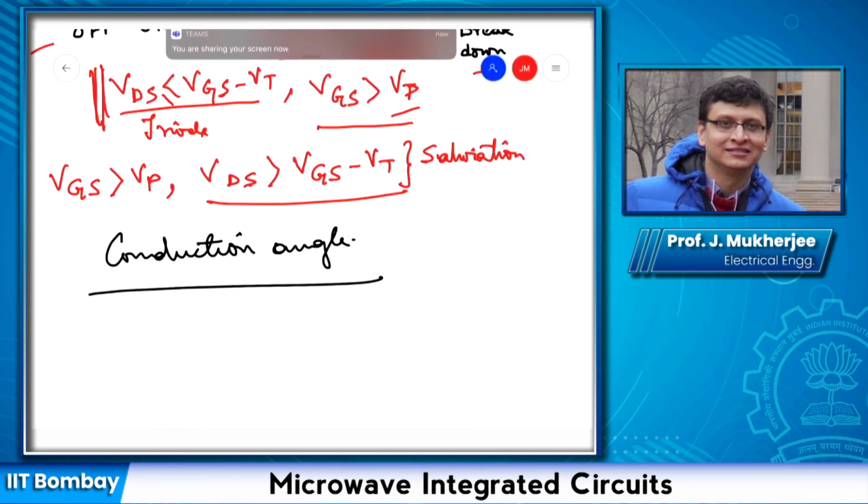So now that we know what the conduction angle is, let us see how to design a class A amplifier.